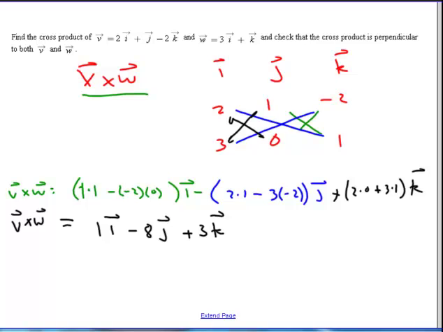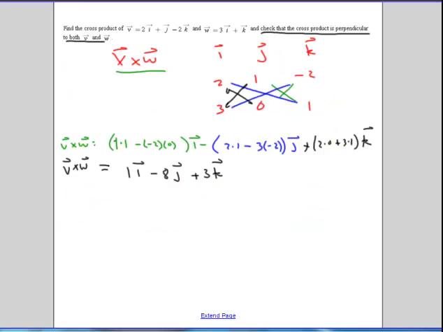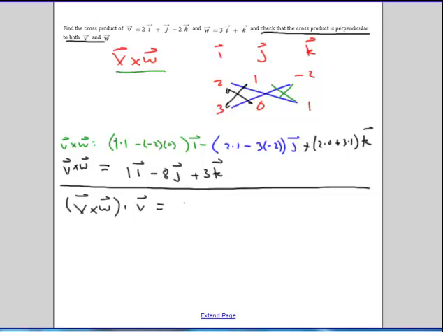Then it says, check that the cross product is perpendicular to both v and w. Well, to check that, let's just review our dot product. So we know that if they are in fact perpendicular, v cross w dot v should equal 0. So let's look at that.